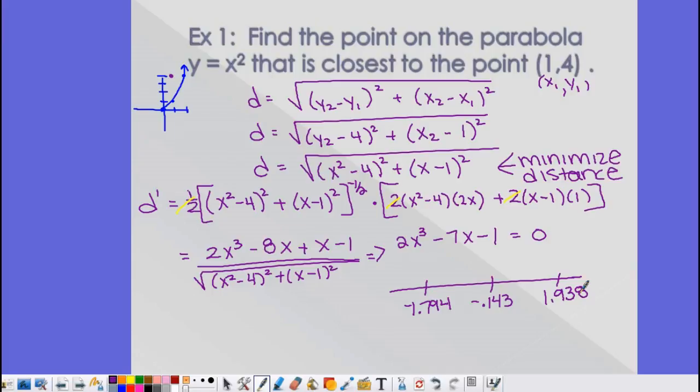I would say no, but it doesn't tell us that we're dealing with the first quadrant. It says find the point that is closest. I mean, yes, we know logically, so I believe when we do it, right, it goes negative, positive, so that we have a min here and a min here.